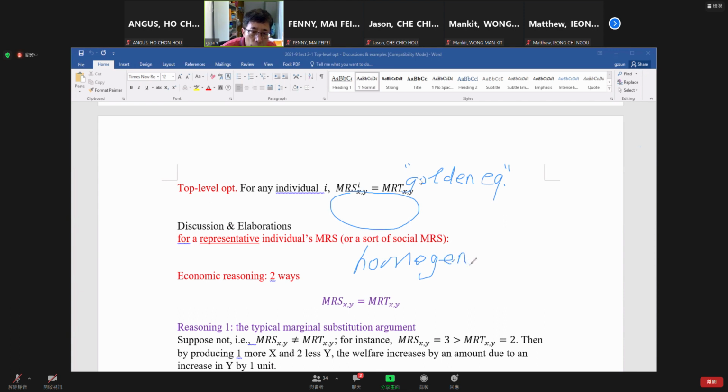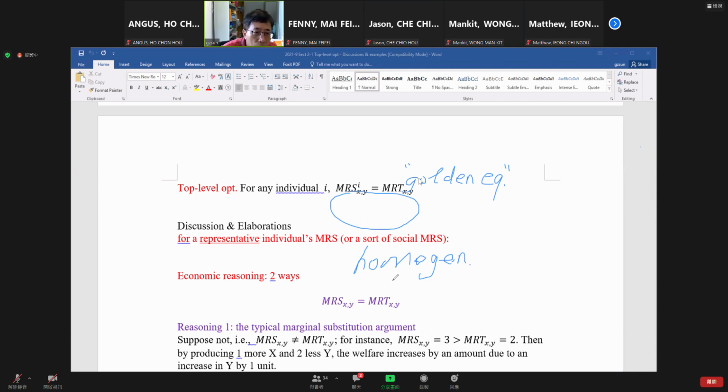Homogeneous population, all the people exactly the same. And later on, I will give you the second discussion by using the idea of a heterogeneous population, if the people are different.